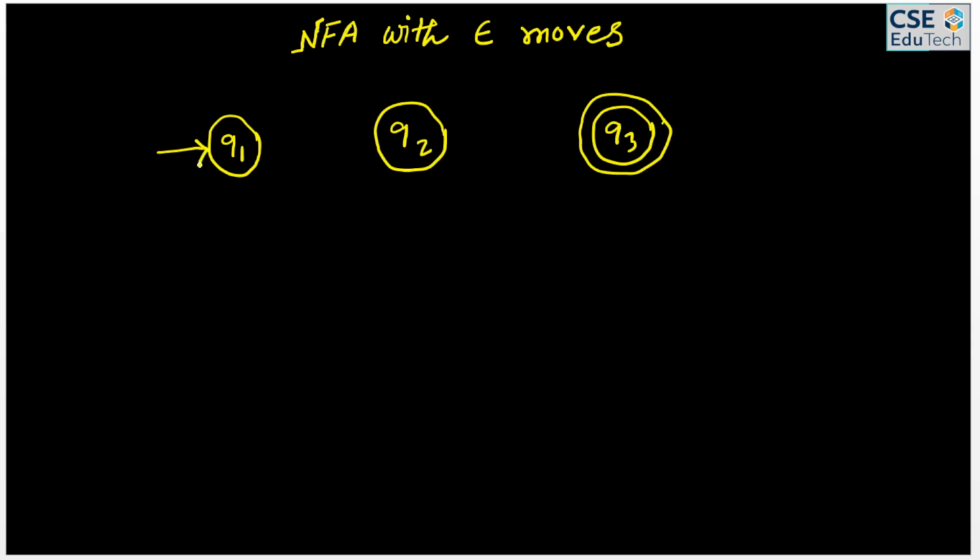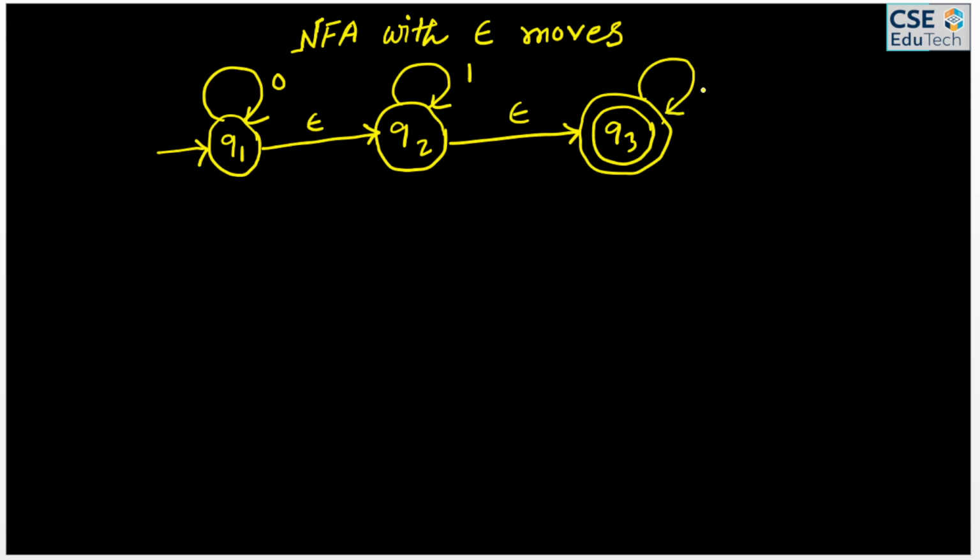This is the initial state, and by taking 0, then input is epsilon. Again here the input is 1, and here the input is epsilon. Again the input is 0. So it is basically an NFA with epsilon moves, or a finite automata with epsilon moves.